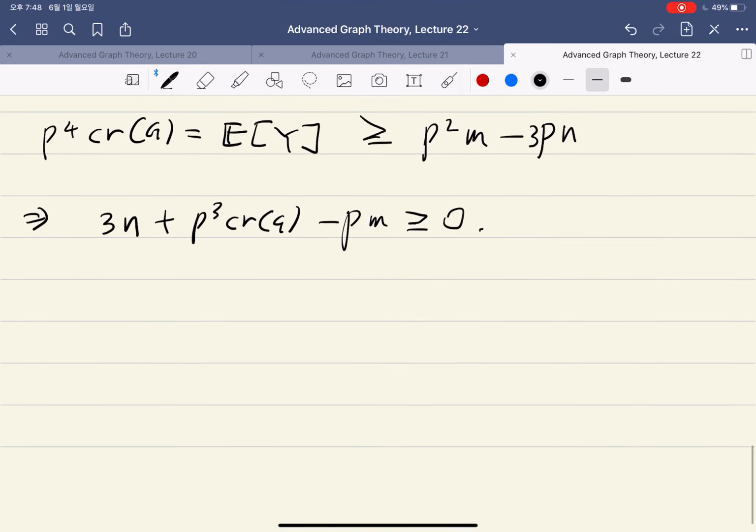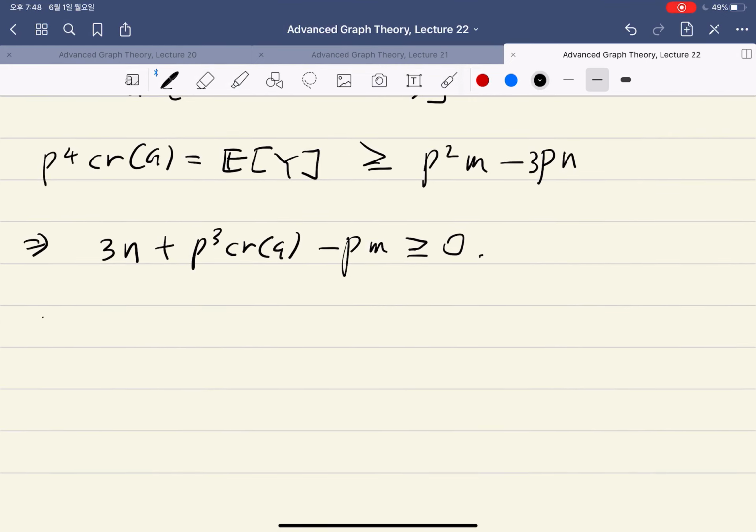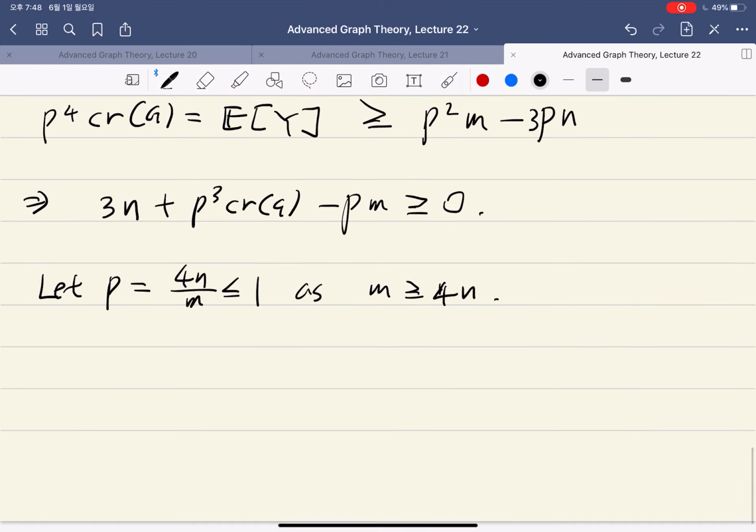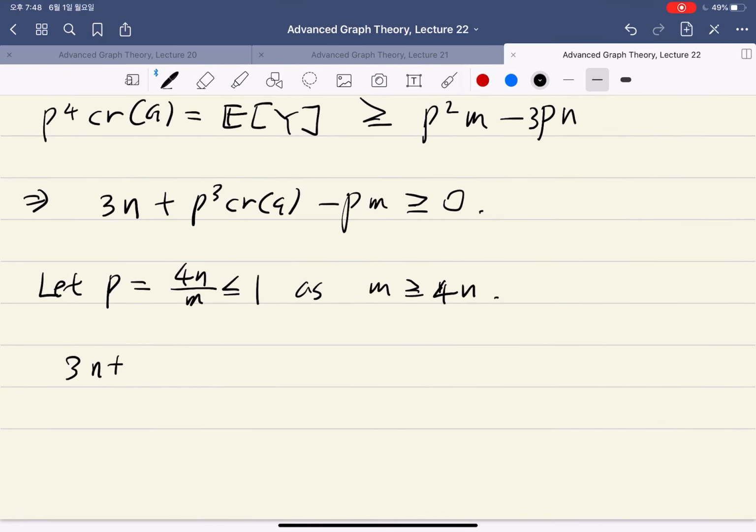So now we choose our p. Let p be 4n over m, which is at most 1, as we said that m is at least 4n. Then from here what we get is 3n plus 64 n cube over m cube times the crossing number of G is at least 4n.